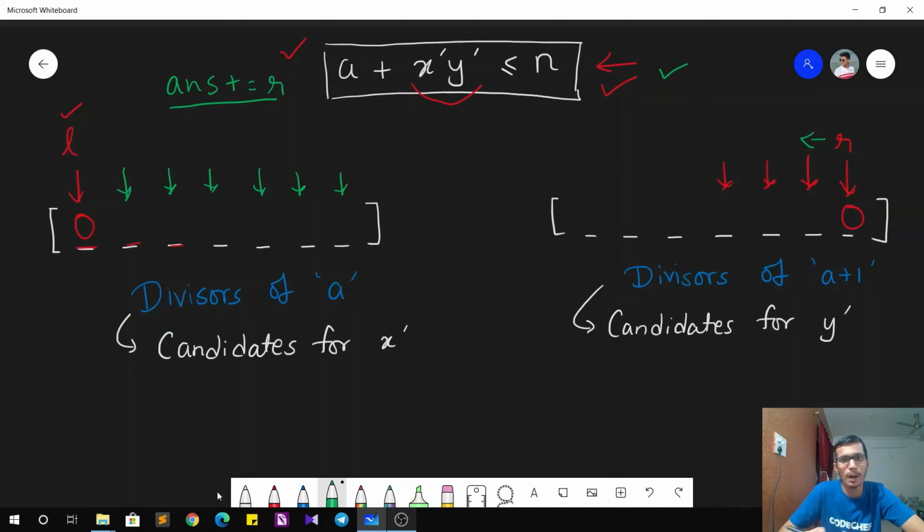And this sums up our solution along with a bit of implementation of the idea of the two-pointer approach.